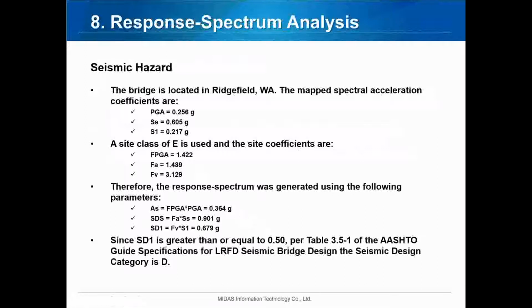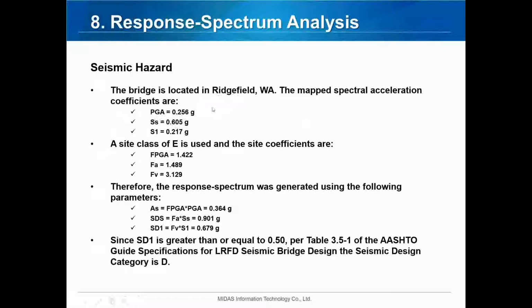And then moving on to our seismic response spectrum, now we were ready to get our spectrum acceleration. To do that, we used Midas Civil. This can also be done based on the mapped coefficients that you get from the location.